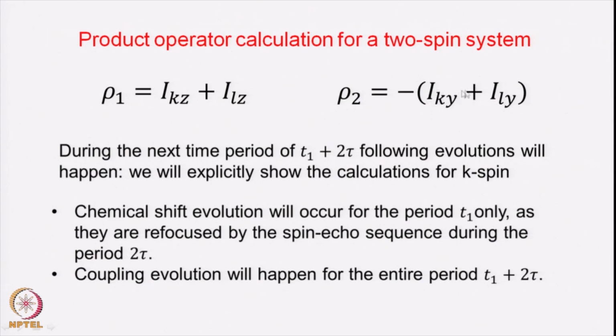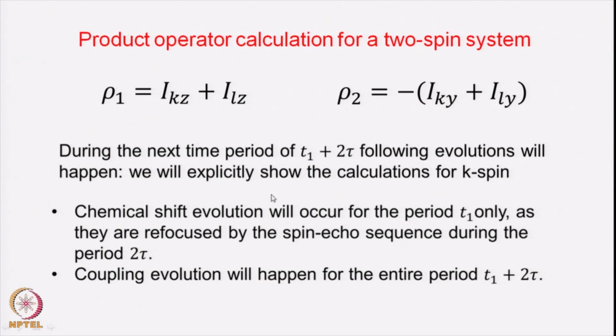These are independent spins, so they will evolve independently during the next evolution time period. For our purpose, we will only illustrate evolution of the K spin, and the same thing will apply for the L spin as well. During the next period t1 plus 2 tau, what happens?